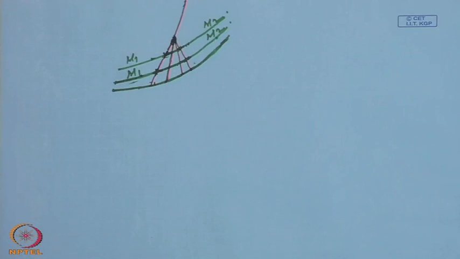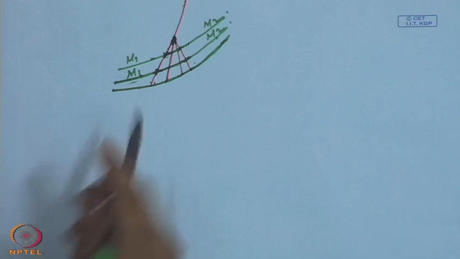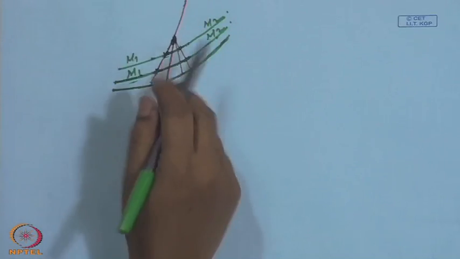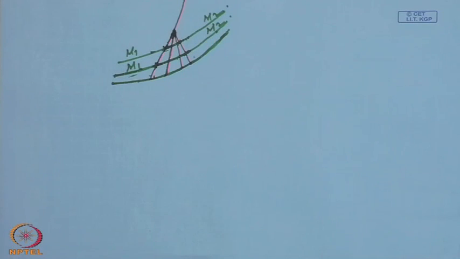The diffusive mechanism will come into action and all these Mach lines will merge together to form a simple oblique shock.